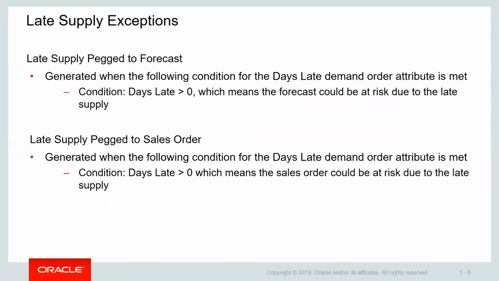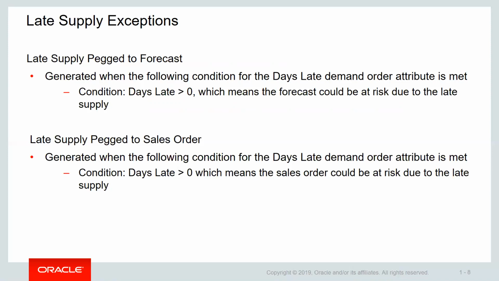Next, we'll examine the late supply exceptions. The late supply pegged to forecast exception is generated for the days late demand order attribute when the days late is positive, which means the forecast could be at risk due to the late supply.